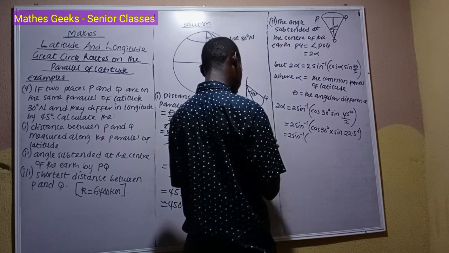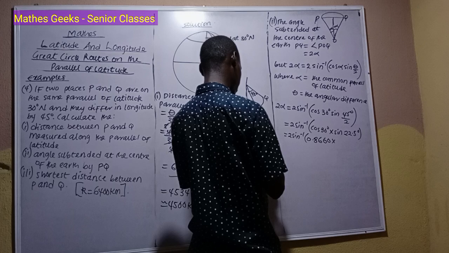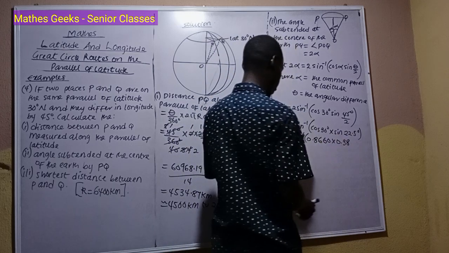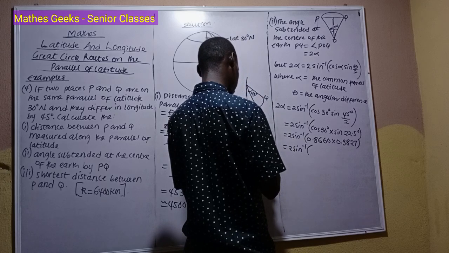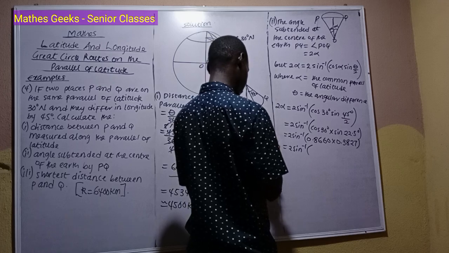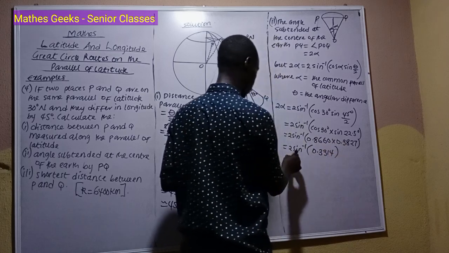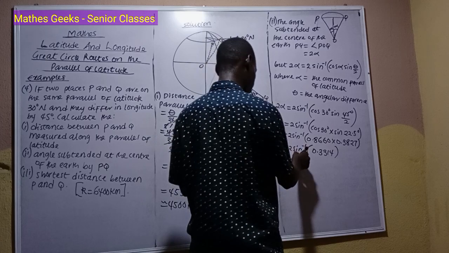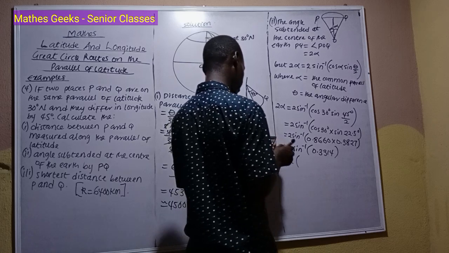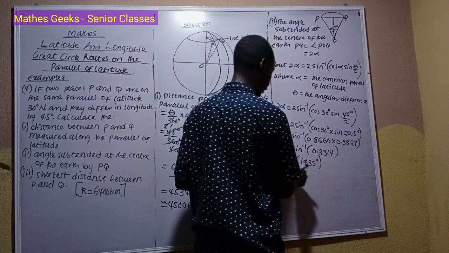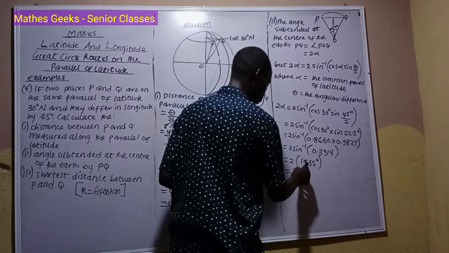2 arc sine cos 30, 0.8660, times sine 22.5, 0.3827, gives 0.3314. 2 arc sine of 0.3314 is 2 times 19.35 degrees, which is 38.7 degrees.